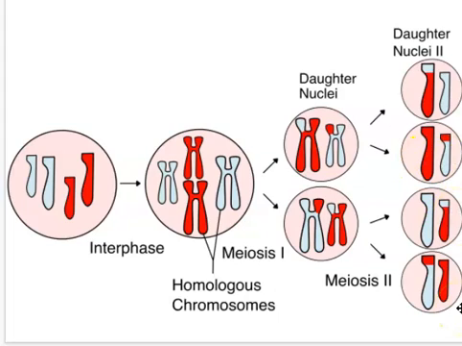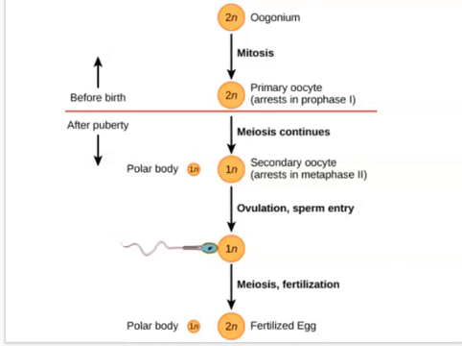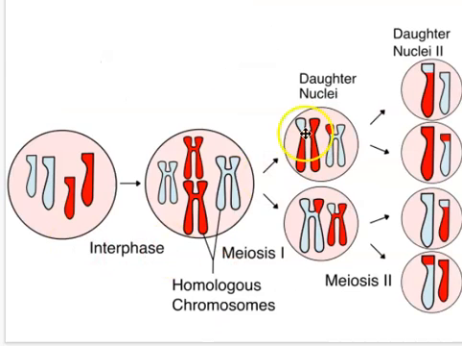Okay, now if you want to think about this in the sense of oogenesis, I was also asked about that. A lot of people get confused at this point where you have the secondary oocyte, which is right in the middle of metaphase 2. So you kind of stay right in the middle over here. You're not finishing meiosis 2 just yet.